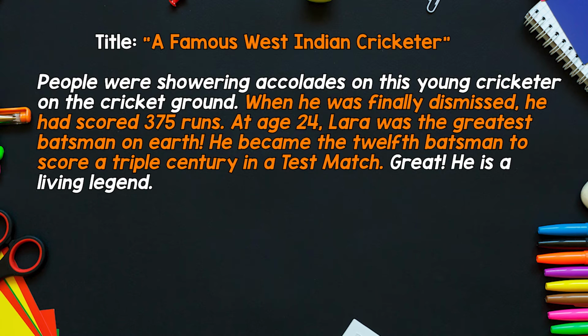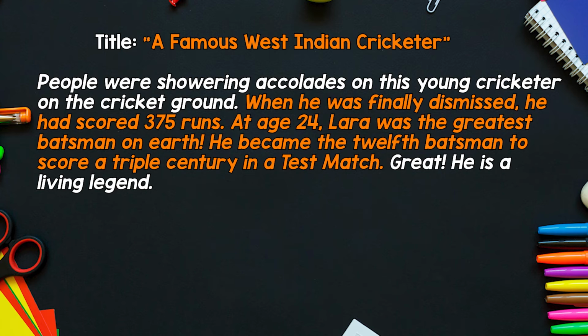So you need to go back to the passage a little, and you would realize that it said, when he was finally dismissed, he had scored 375 runs. At age 24, Lara was the greatest batsman on earth. He became the 12th batsman to score a triple century.